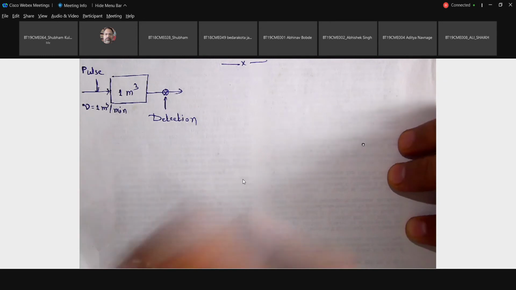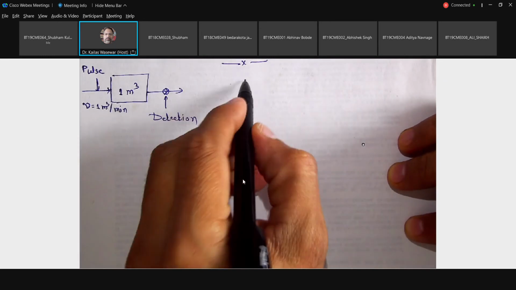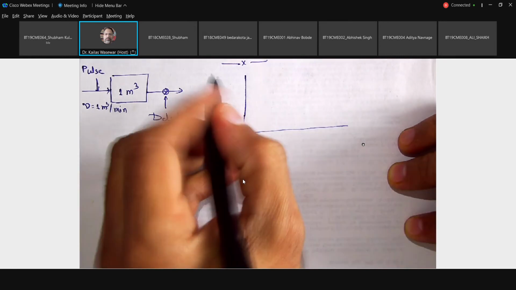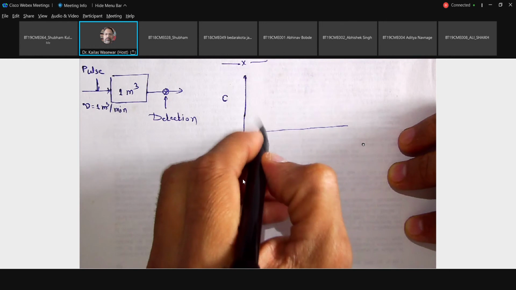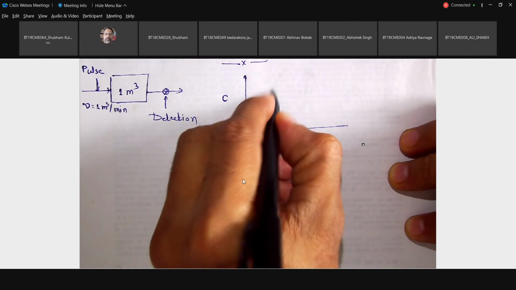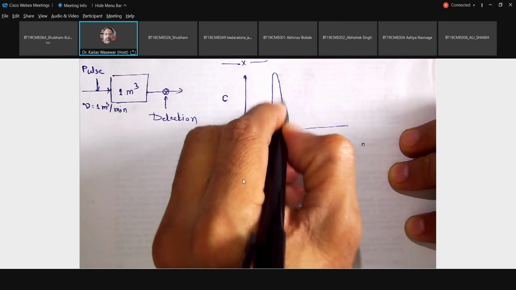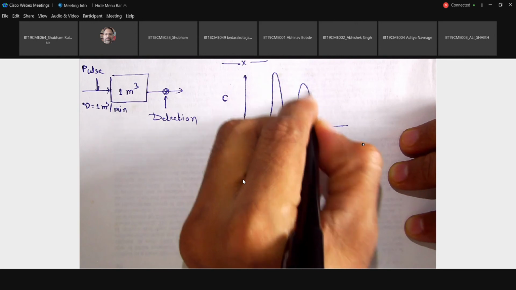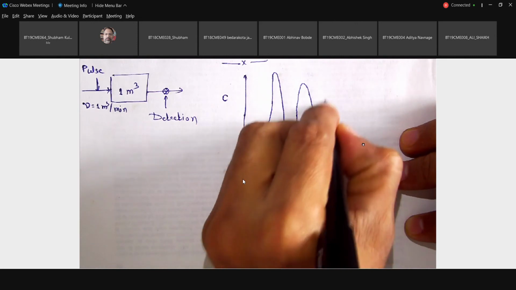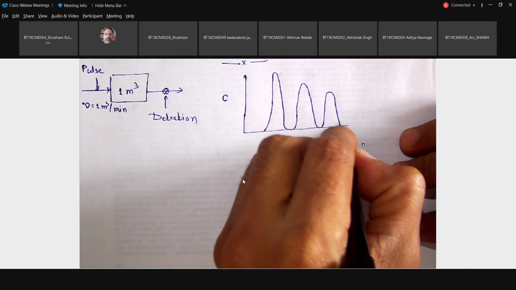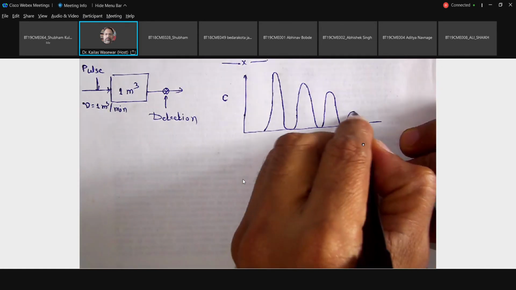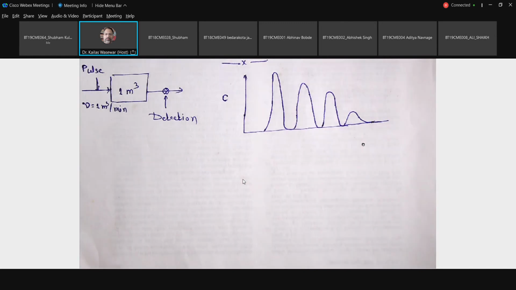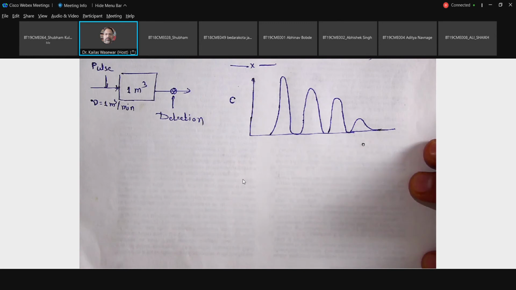So in this particular reactor, we may be getting some different kind of curve, the C curve, multiple peaks, likewise. These kinds of trend you are getting in this particular reactor.